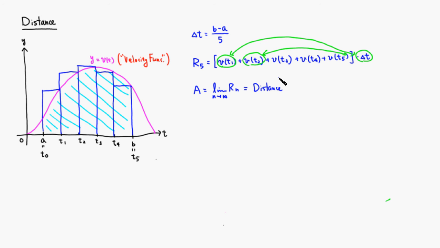So if you have a velocity function, then the area under the velocity function represents the distance traveled over that time period. That's it. I hope that this was clear.